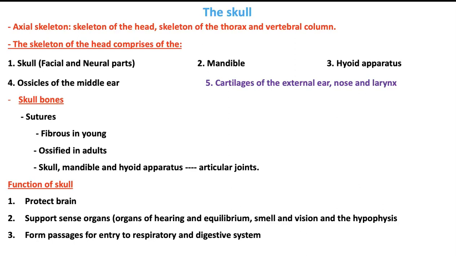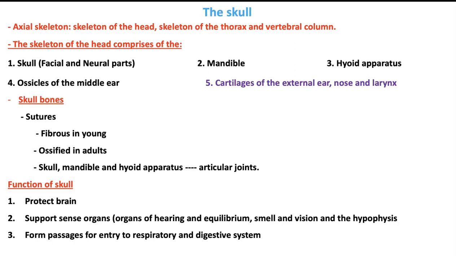As you know from general arthrology, skull bones are connected by sutures, which are fibrous in young animals and ossified in adults. Between the skull and the mandible and the hyoid apparatus there is an articular joint to allow movement.